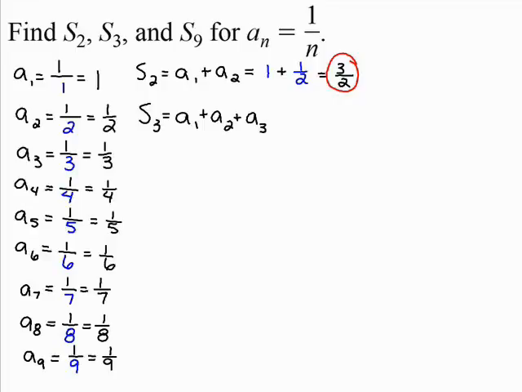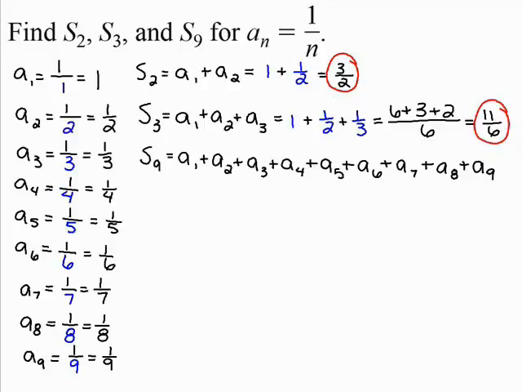So you can substitute in the values for a sub 1, a sub 2, and a sub 3. Now, to simplify, you first need to rewrite each fraction with a common denominator of 6. Next, in your numerator, 6 plus 3 plus 2 gives you 11. Therefore, s sub 3 equals 11/6.